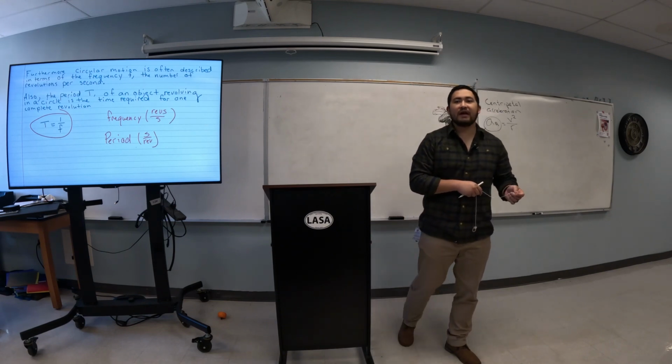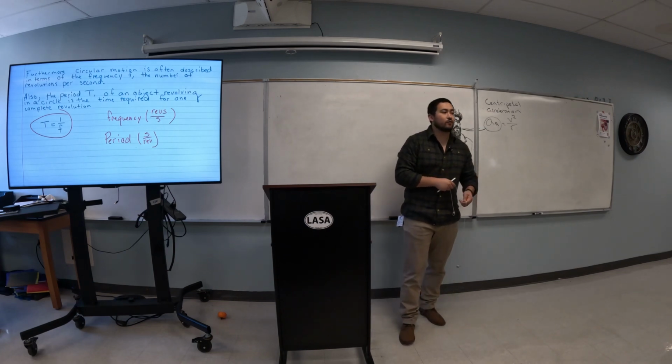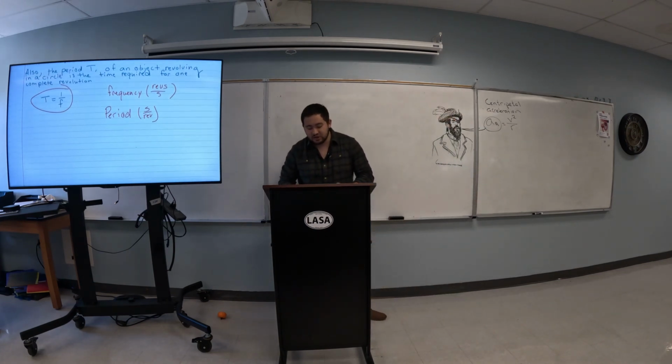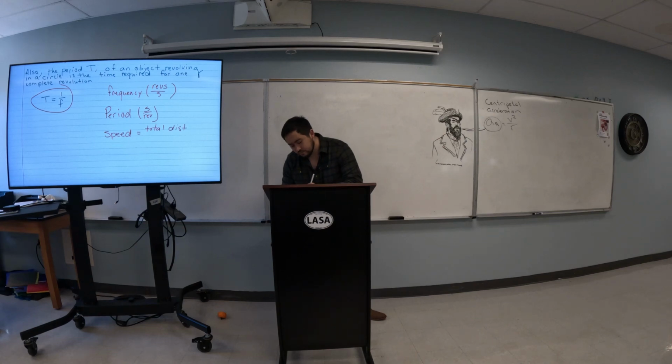So, I'm going to ask you for one more relationship which we've discussed earlier in this course. It's the relationship for average speed. Can somebody tell me what it is? Yes, it's equal to total distance over time.